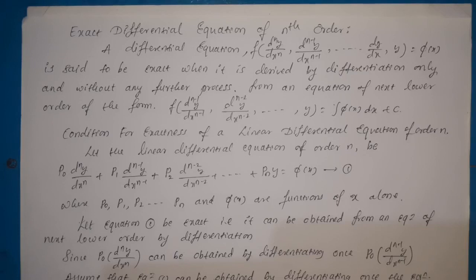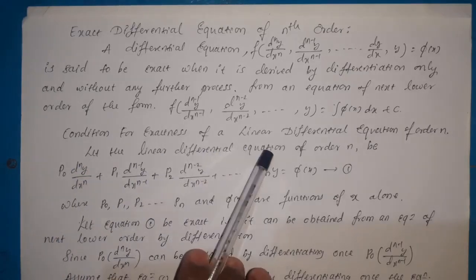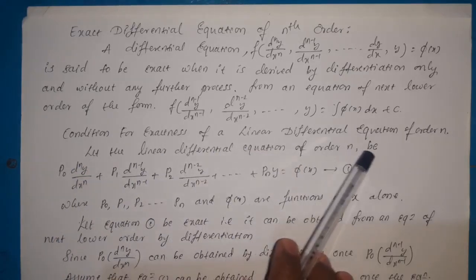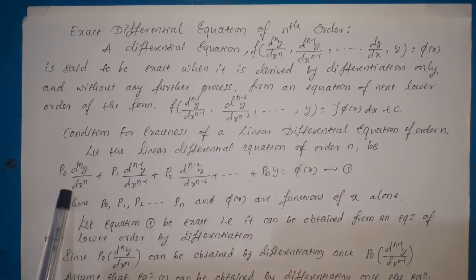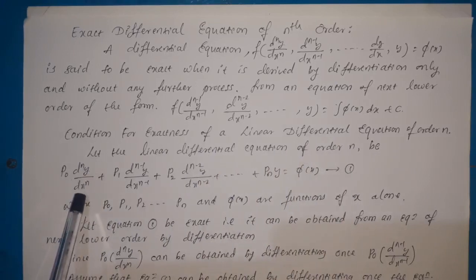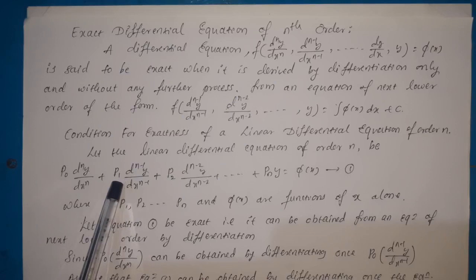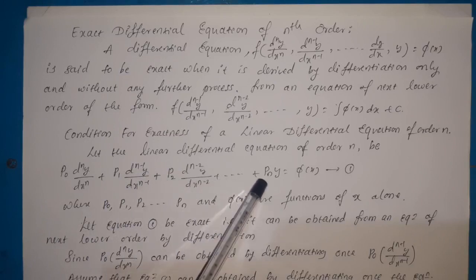Let us consider the equation. Let the linear differential equation of order n be p0 d^n y by dx^n plus p1 d^(n-1) y by dx^(n-1) and so on, plus pn y equal to phi of x.